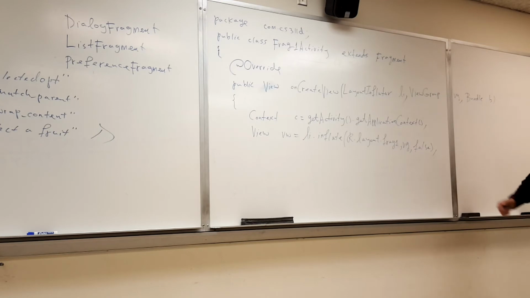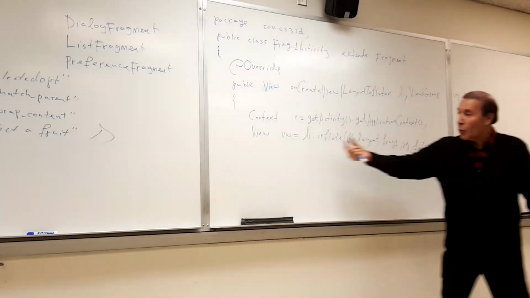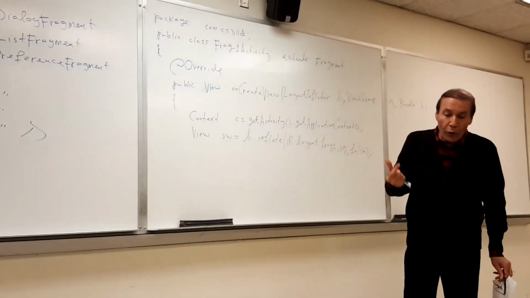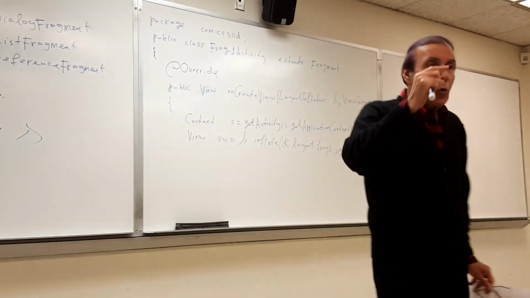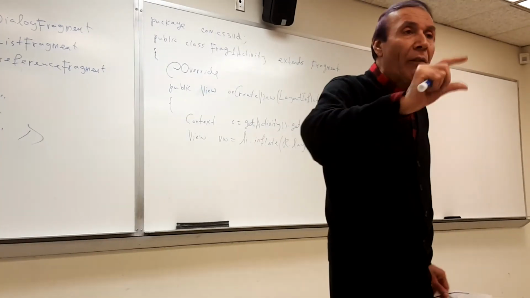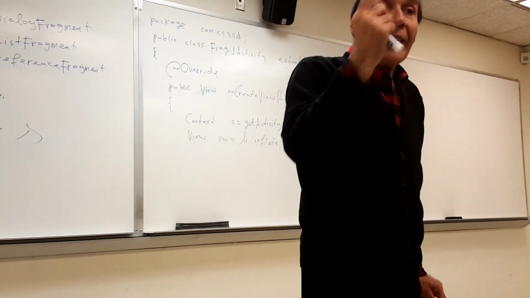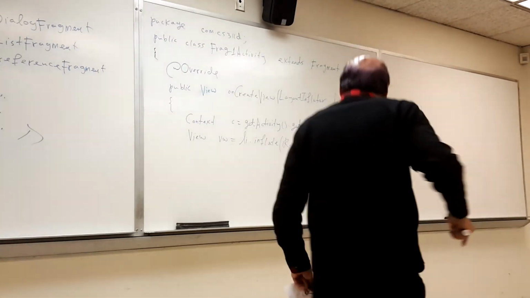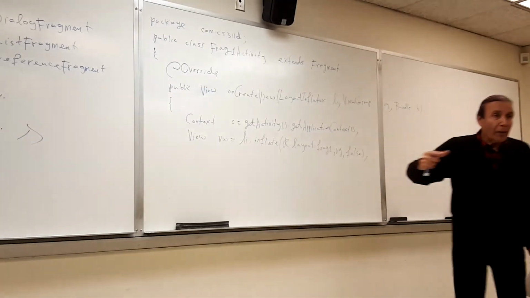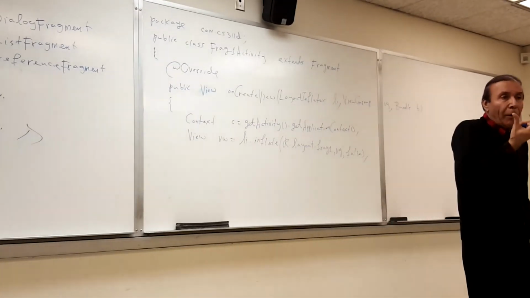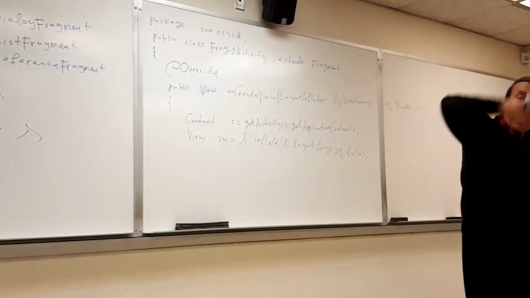When you are creating a view for your fragment, you have two choices. That view should be independent of any attachment to the parent, or could have attachment to the parent. If you are putting false here, that simply means this fragment is an individual fragment without any kind of attachment to the parent.